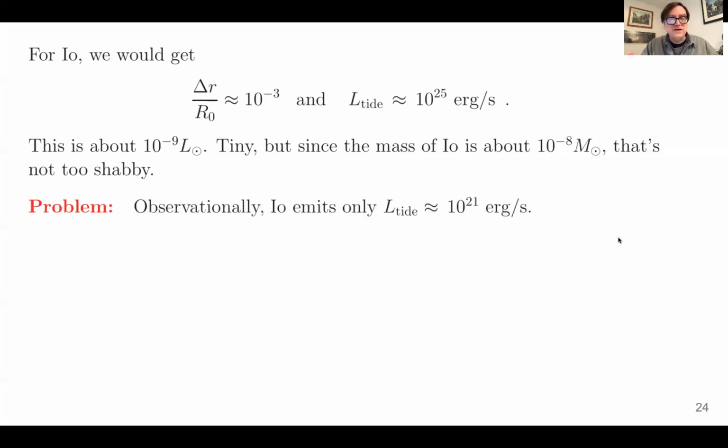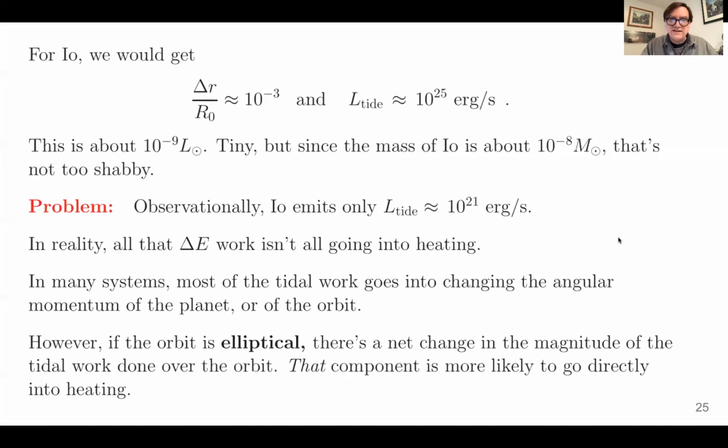Here's the problem. We do not observe the tidal heating rate of Io to be that large. We observe it to be about 1/10,000th of that, only 10 to the 21 ergs per second. So there was a problem with our derivation. What's really happening is that not all of the work done by the tides goes into heating up the moon.